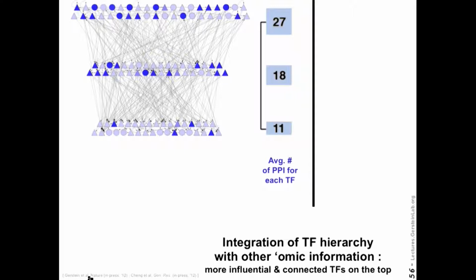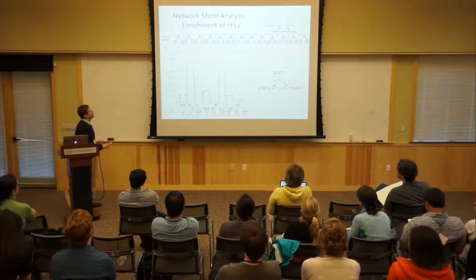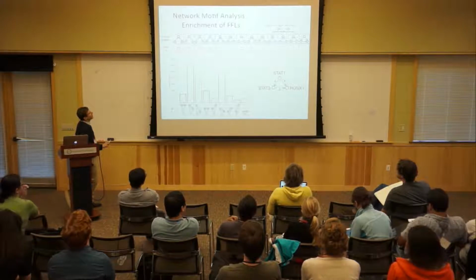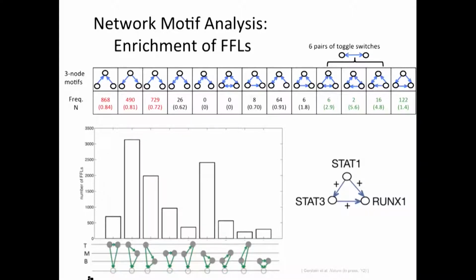I'm going to skip that one just real quick because I think I can just jump to this slide. So that was the global wiring of the network. The other thing you can do is look at the more local structure of the network. You can look at any three transcription factors and how they're wired.